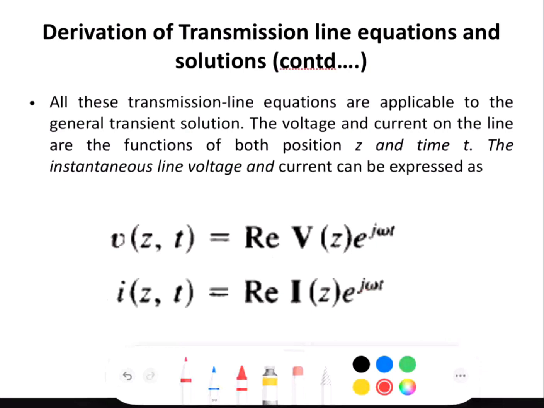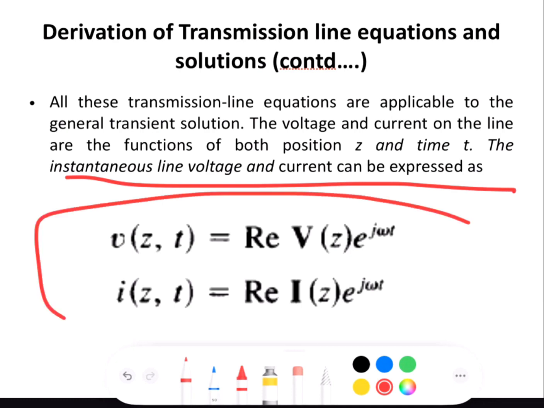And all these transmission line equations are applicable to the general transient solutions, which you have studied in the earlier semesters, that is in your electromagnetic theory. So the instantaneous line voltage and current are always expressed as V of Z comma T is equal to Re of V of Z into e to the power j omega t.